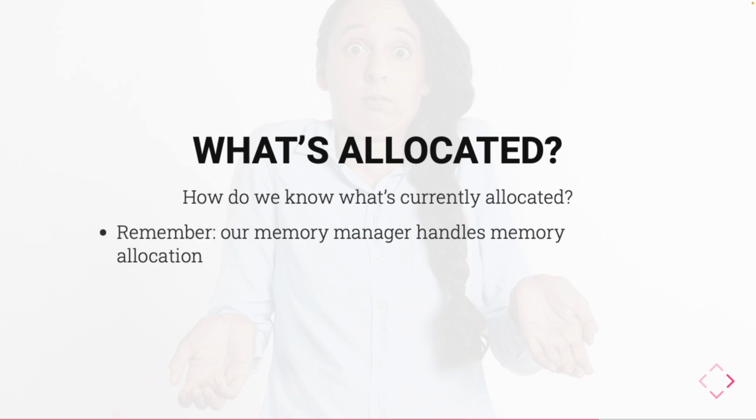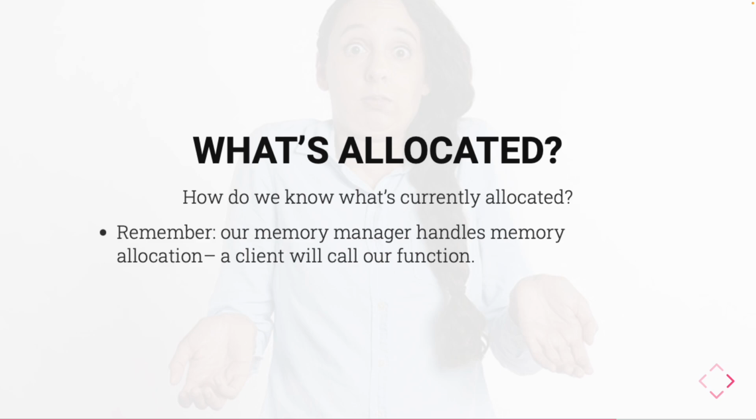So this may or may not be similar at all to how malloc does it. I don't know how malloc does it. I know how our thing is going to do it, though.